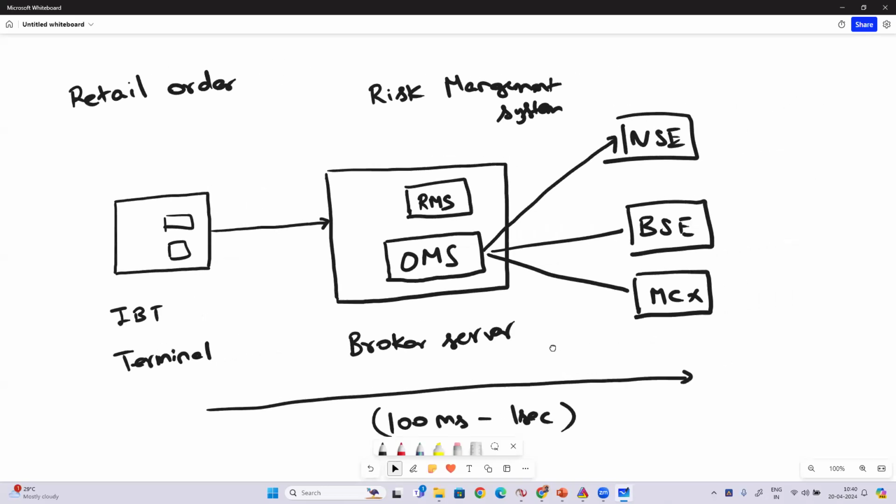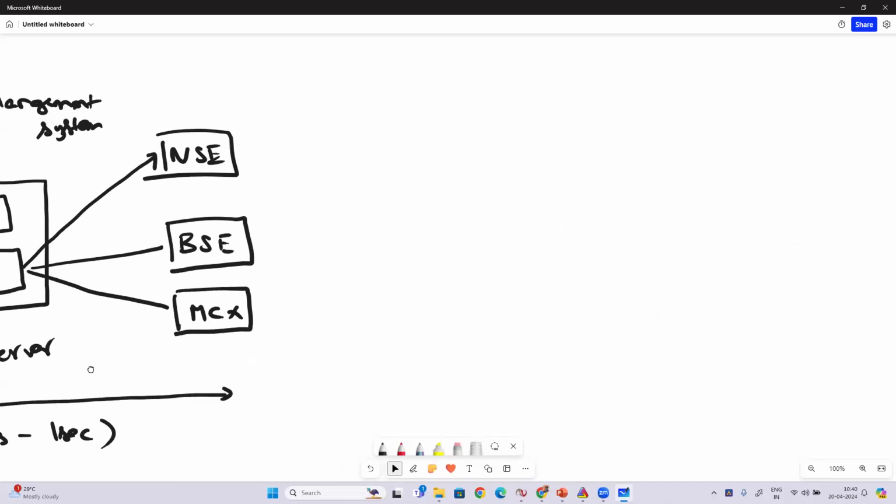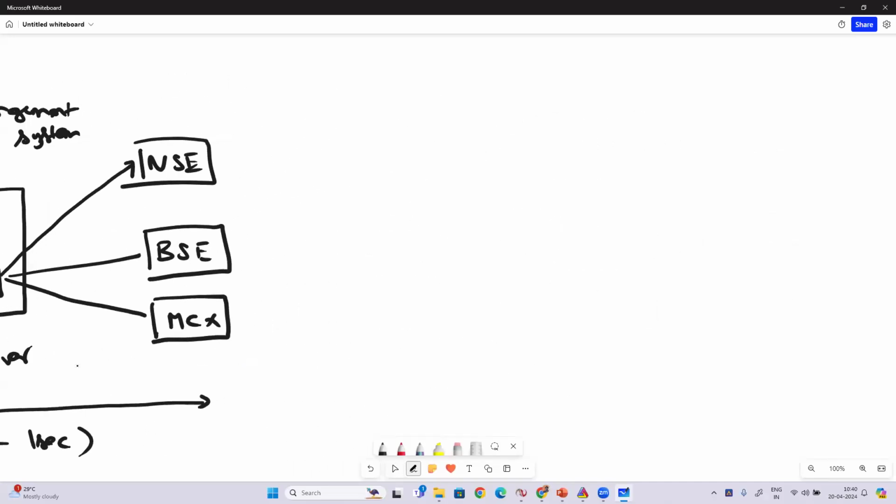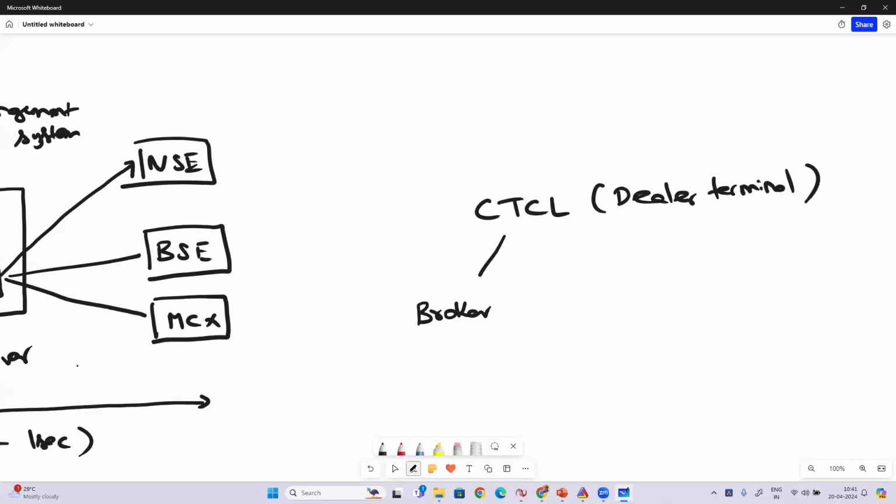Maybe the CTCL terminal will be functioning like this. Normally the CTCL terminal is used by brokers. It's also called a dealer terminal. Right? It's also called a dealer terminal. Or it will be used by sub-brokers mostly. When it comes to the Indian market, I'm talking mostly from an Indian context only.